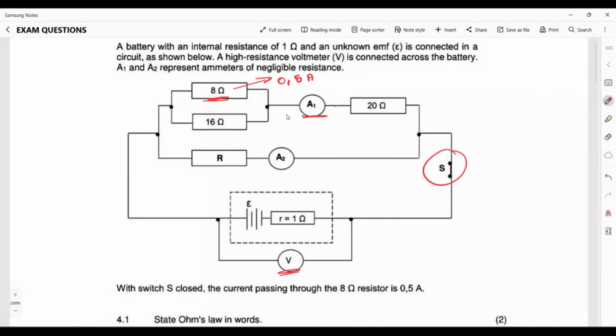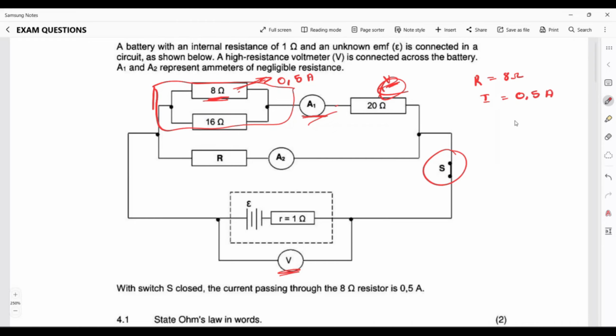If I can get the voltage value over here, I can simply find the current, but I don't have the voltage on that one. It means I have failed. But in this other branch, if I can find the voltage, provided that I have a resistor which is 8 ohm and a current which is 0.5.